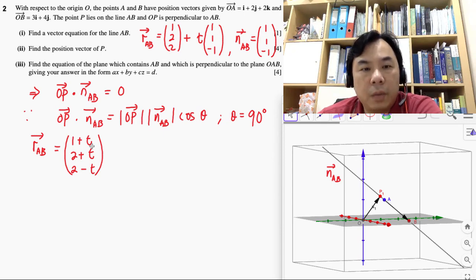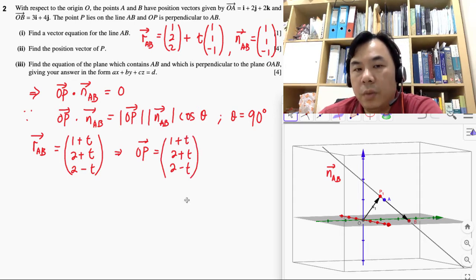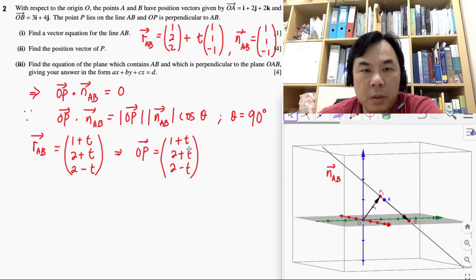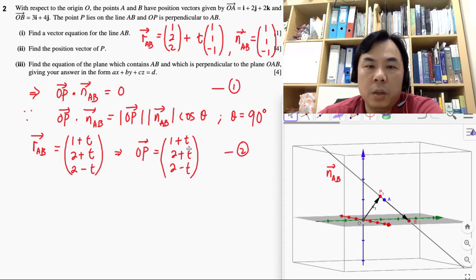Therefore, since point P lies on the line AB, the position vector OP must be given by this, for a specific value of t, of course. Then I'm going to substitute this equation number two back into equation number one.